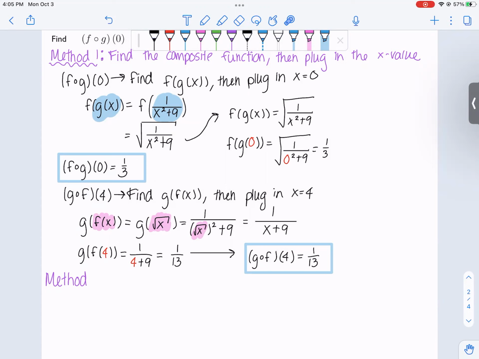If you're going to be doing f composed with g of 0, f composed with g of 2, several of them that use f composed with g, it makes sense to find the composite function and then plug in the x value. But if you're just finding a one-off, it's best to do method 2, which is evaluate the inside and then evaluate the outside.